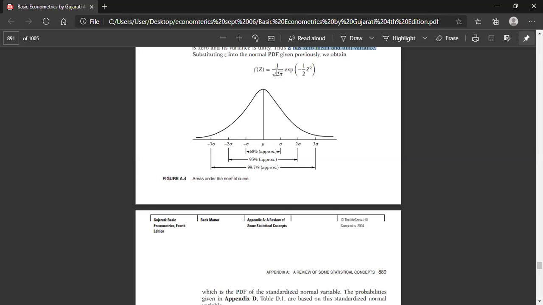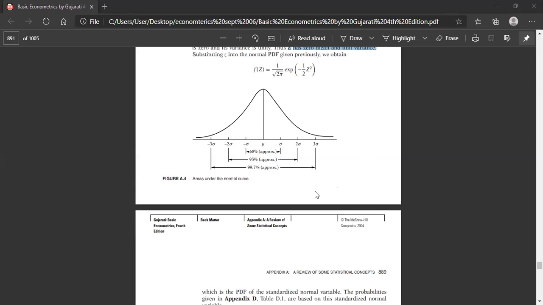Do you see the advantage of that Z? Yes, Professor. So that's why Z is kind of invented. Z is invented because the density function is known, it's always the same, and the probabilities are known and they are given on a table.